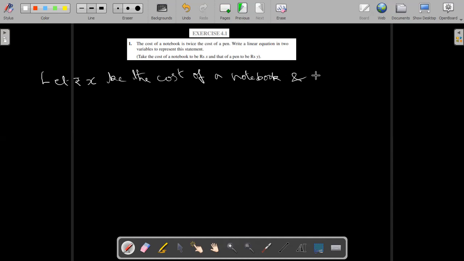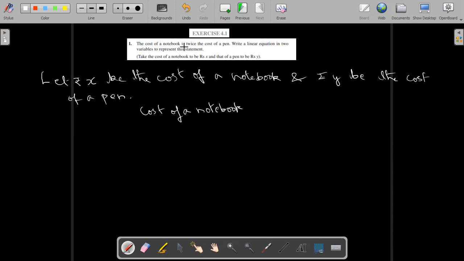and rupees y be the cost of a pen. It's simple. How will you convert the condition into an equation? Write the given condition: cost of a notebook.